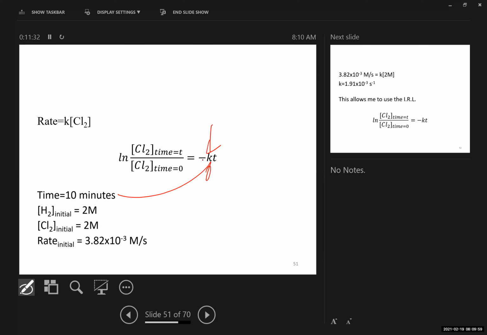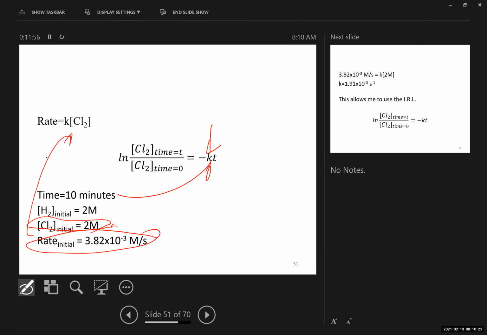On the other hand, I do have an initial chlorine concentration, and I do know the rate when that chlorine concentration is in effect. So in fact, I could use and will use the rate law to calculate the rate constant, right?